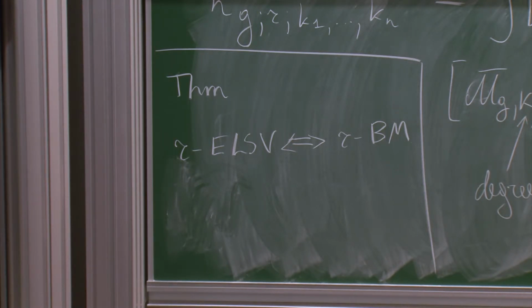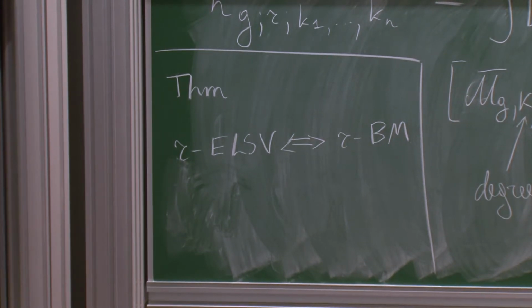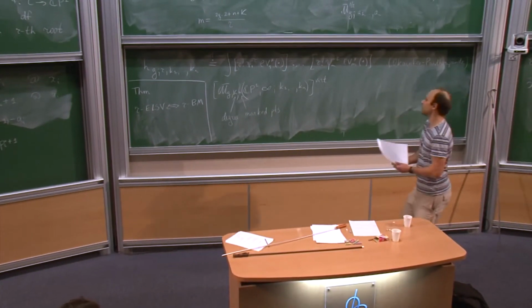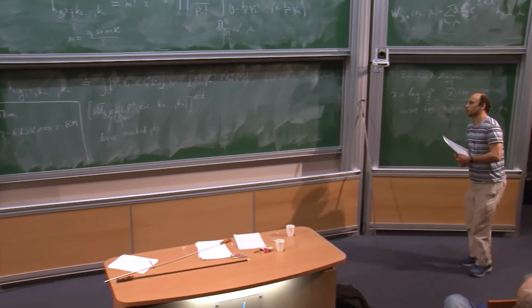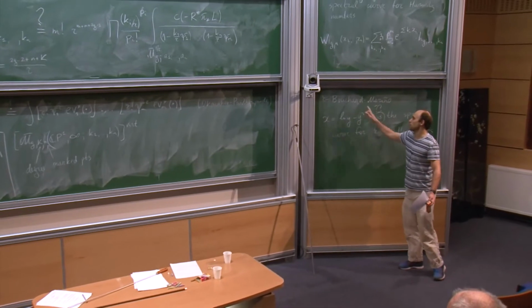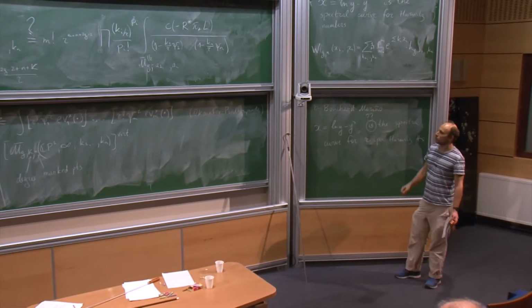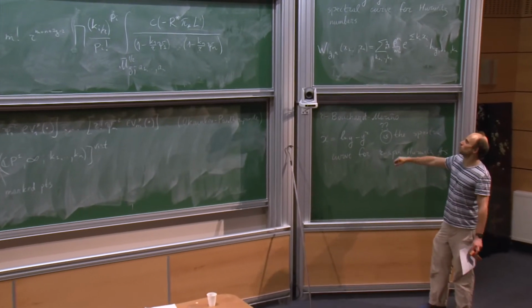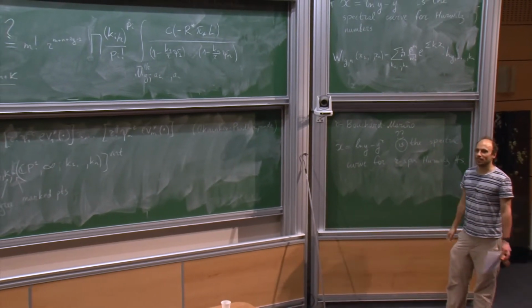Yeah, I still have a couple of minutes, right? So I'll try to explain a little bit how the equivalence is proved. So just to make sure you understand, once you have the spectral curve, there's the topological recursion procedure that allows you to compute everything, to compute all the Hurwitz numbers one by one.